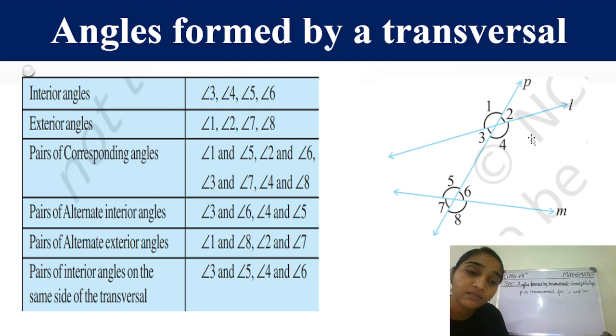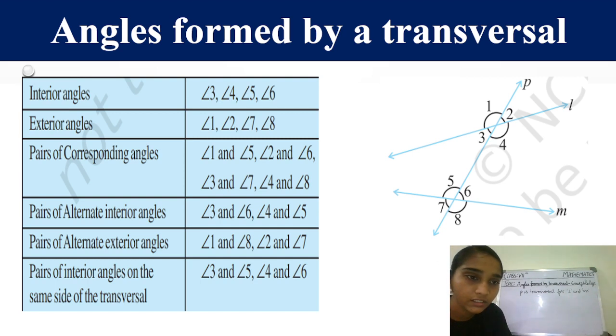Very good. And students, what about the pair of interior angles on the same side of the transversal? Very good. They will be 3 and 5, one pair, and another pair will be 4 and 6, because they are interior angles also and are forming on the same side of the transversal.